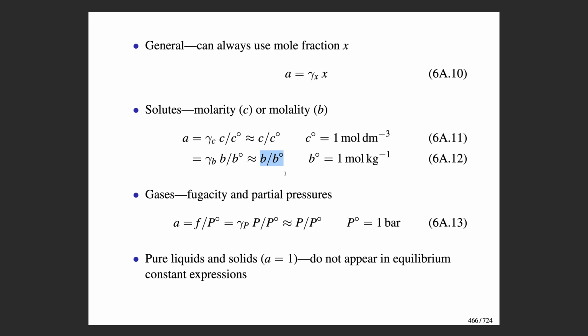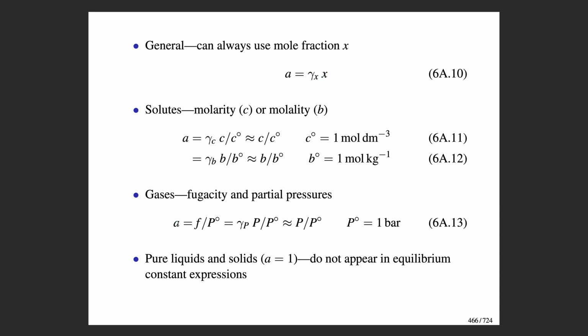You can do the same thing with pressures. For a gas, if you want to take into account real gases, you would write the activity of the gas as the so-called fugacity of the gas, which has units of pressure. The way to think about it is an effective pressure, just like the way to think about activity as an effective concentration weighted by a little fudge factor here.